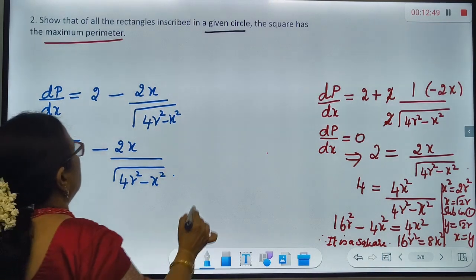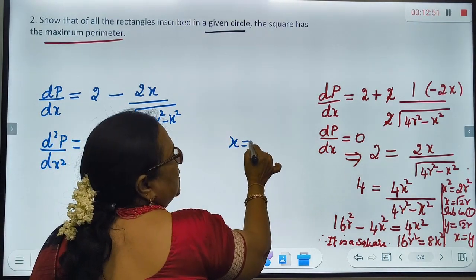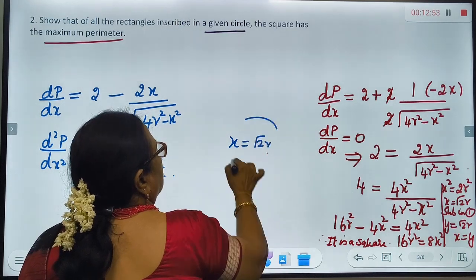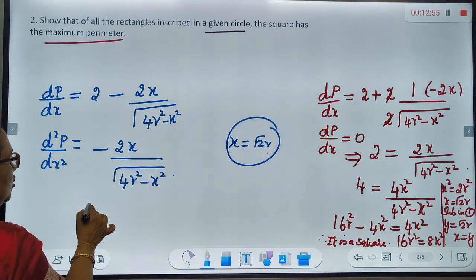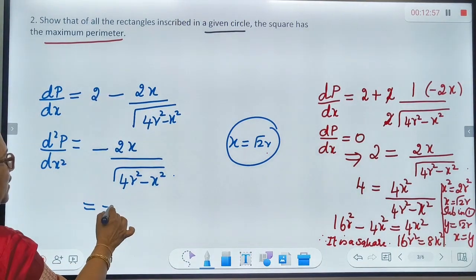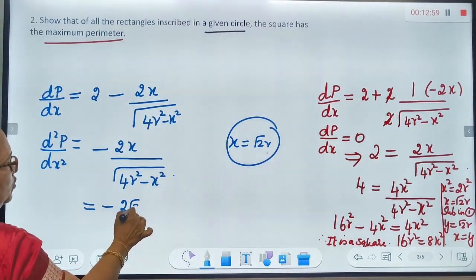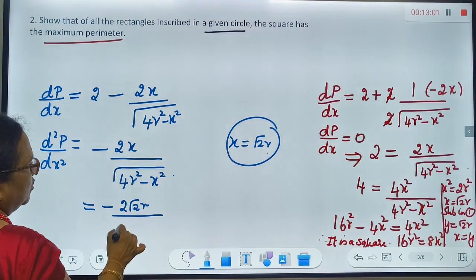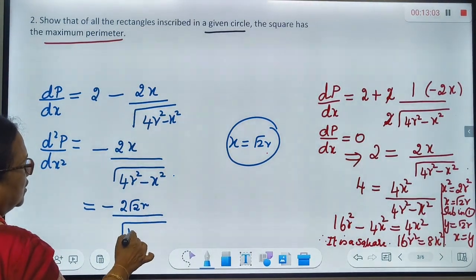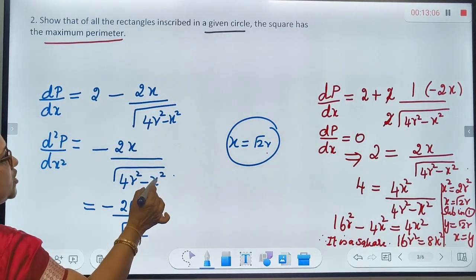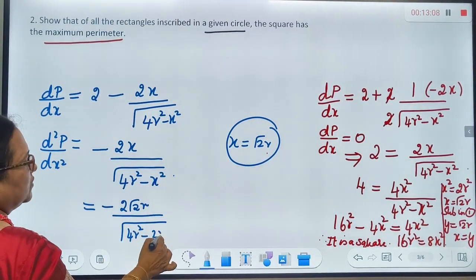And what is the value of x? x is root 2 r. So if I put x equal to root 2 r, what will I get? Minus 2 root 2 r by root of 4r square minus x square, where x square is 2r square.